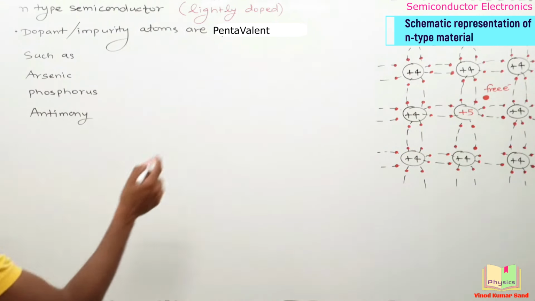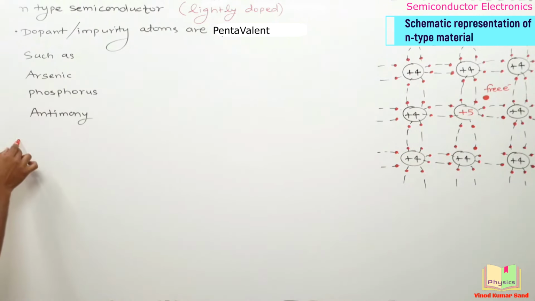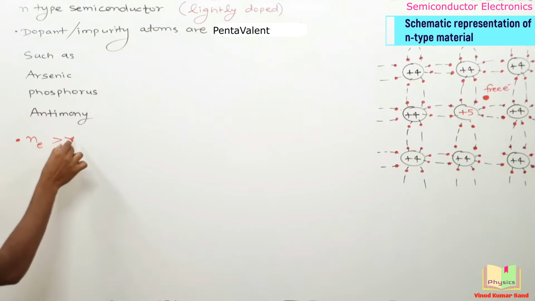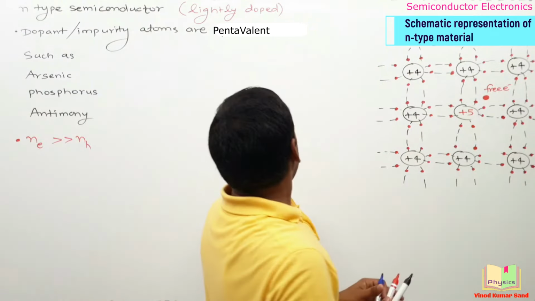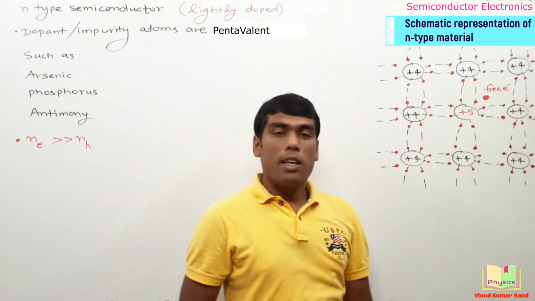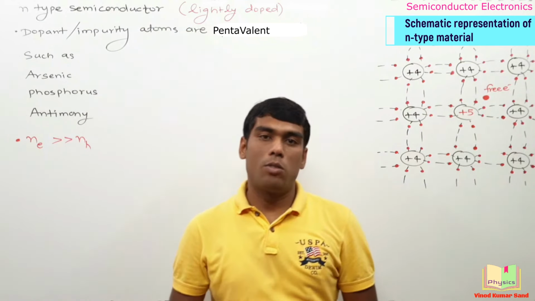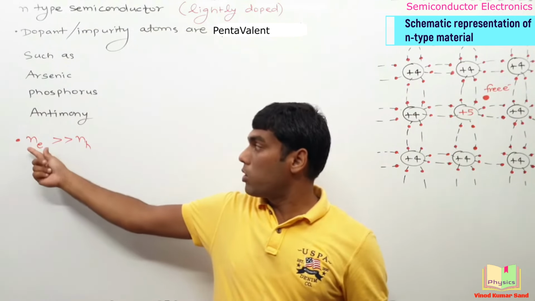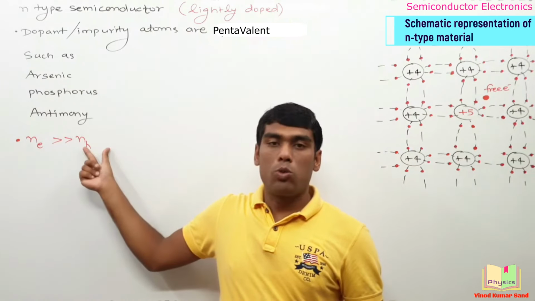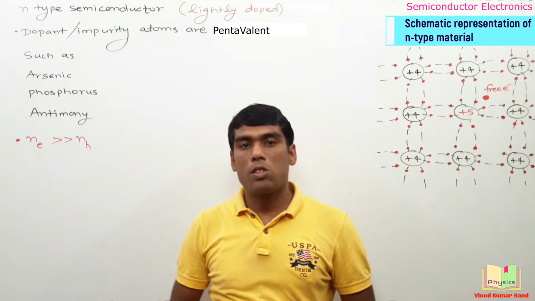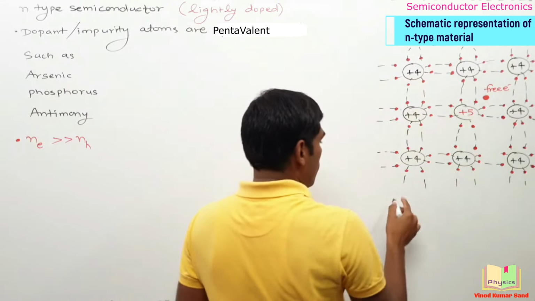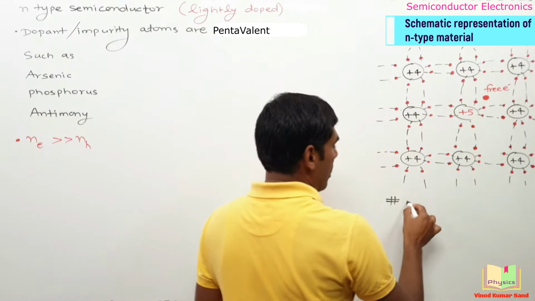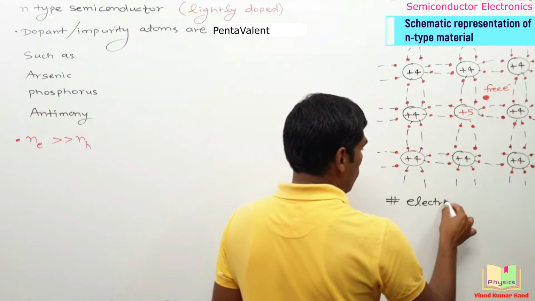It means in such kind of semiconductors Ne is greater than Nh. What will be the electrical charge on the N-type semiconductor? What do you think? The number of free electrons per meter cube is actually more than the number of holes. The correct answer is that these kinds of semiconductors are electrically neutral.